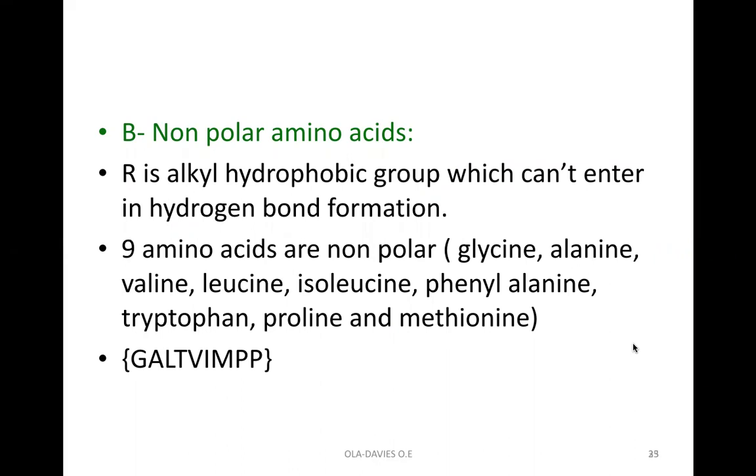So now, talking about the non-polar amino acid, here the R is alkyl hydrophobic group, which cannot enter into hydrogen bond formation. And 9 amino acids have been known to be non-polar. Examples of those are glycine, alanine, valine, up till methionine. And having this GALT-VIMP is an acronym that can help us to memorize them.